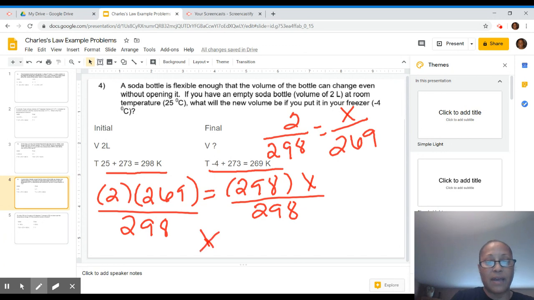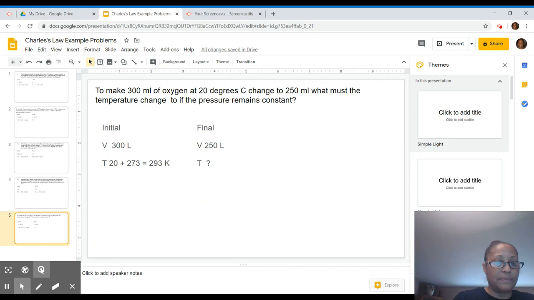And so when you do that, that x value is going to equal 1.8 liters. Again, my units were liters initially, so they're going to be liters for the final. All right, and in the calculator, I did get 1.805369. So again, that is a rounded answer for those of you who like to see exactly what's in the calculator.